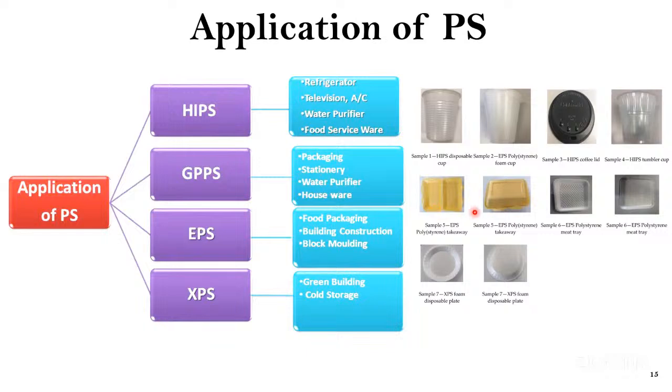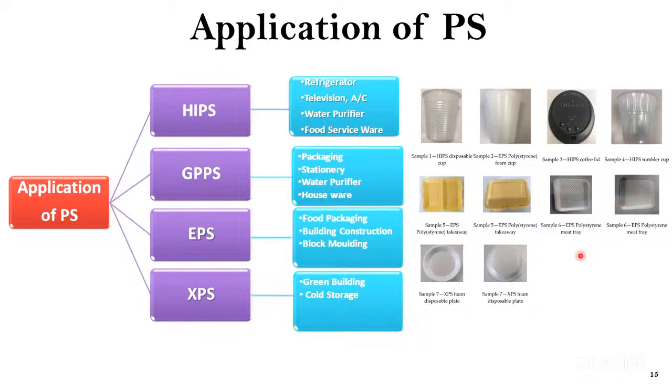In the food packaging industry, they mostly cover with this expanded polystyrene because it gives you very proper insulation property, and it is quite light in weight as well as quite flexible in nature.